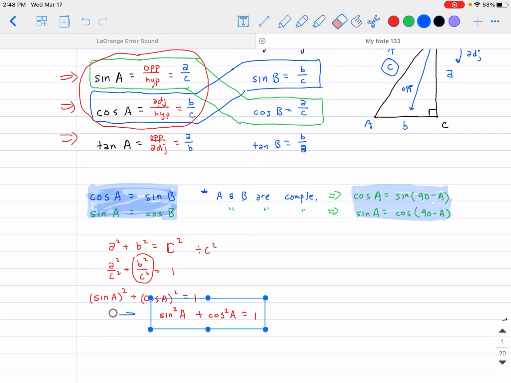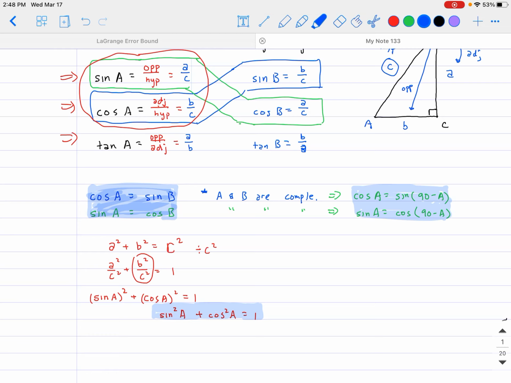That right there, the identity, is what is known as a Pythagorean identity, and it's basically the basis of trigonometry, which you will learn more about in 2 years. So this right here, let me go ahead and highlight, because that's going to be another theorem that we're going to be using. Okay, so there it is.